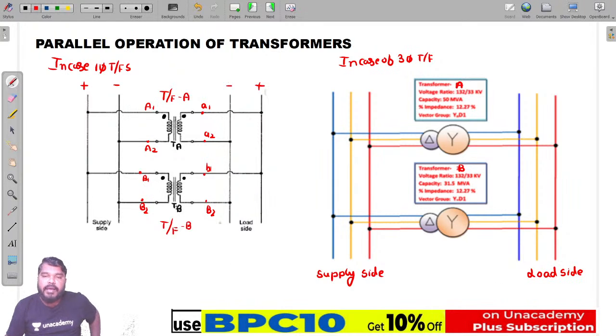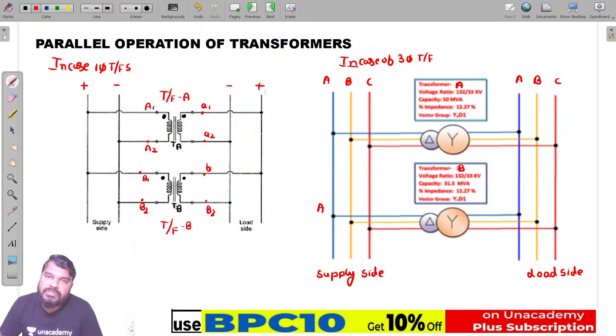Got it, fine? So this is the A phase, B phase and C phase. Similarly here we take the A phase, B phase and C phase terminals. So here too, the primary winding terminals belong to transformer A.